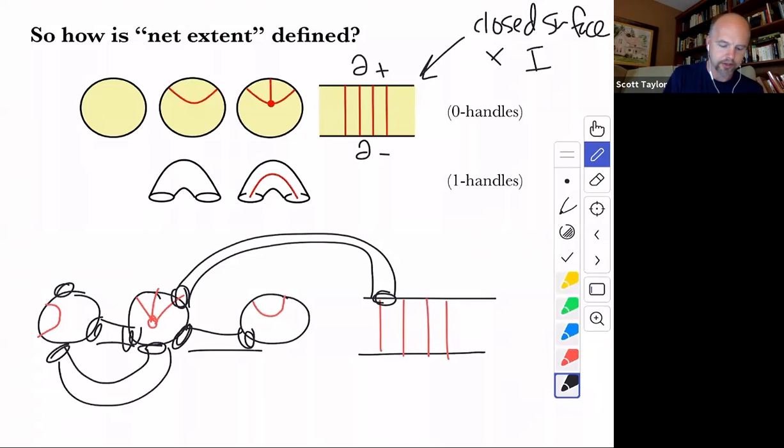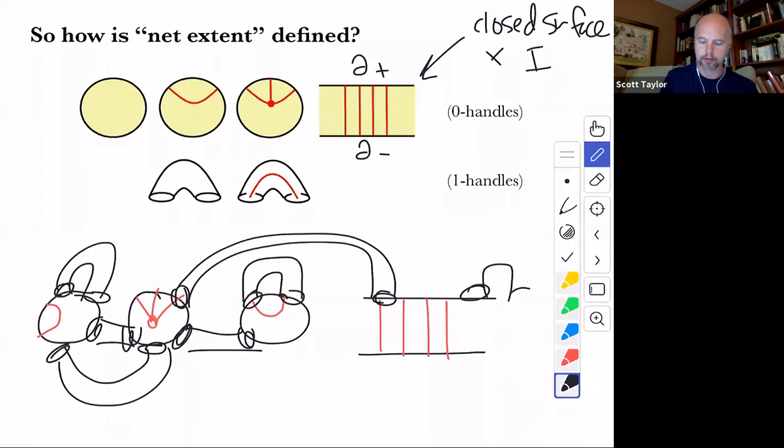I can attach one handle like so, I could attach one handle like that, another one handle here. Where I've attached to the endpoints of arcs, I need to go ahead and put in arcs like so. So what I've built is what we call a VP compression body.